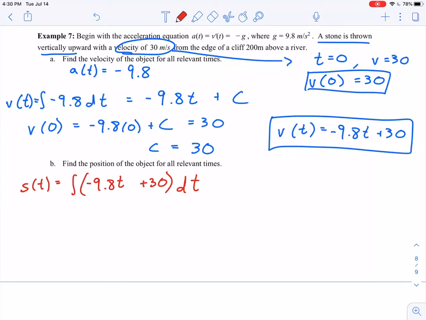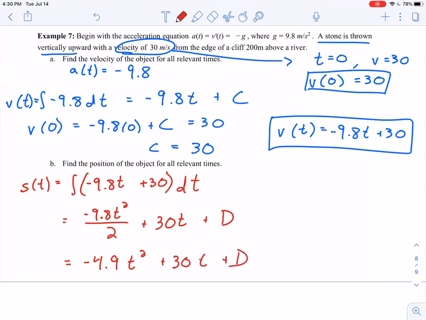I'm just taking my velocity function here and finding our antiderivative. So here, adding 1 to the power, negative 9.8t squared divided by 2 plus 30t plus a new constant of integration. How about I call that d? So I should end up with negative 4.9t squared plus 30t plus d.